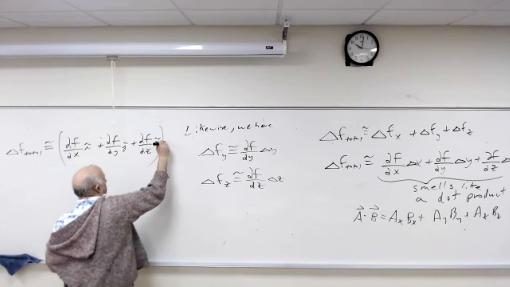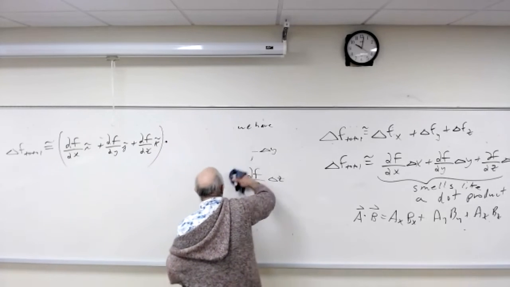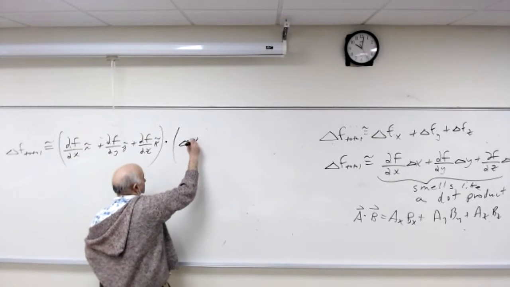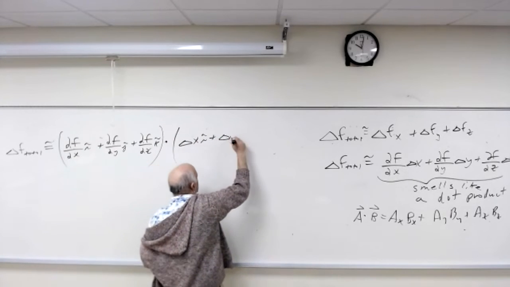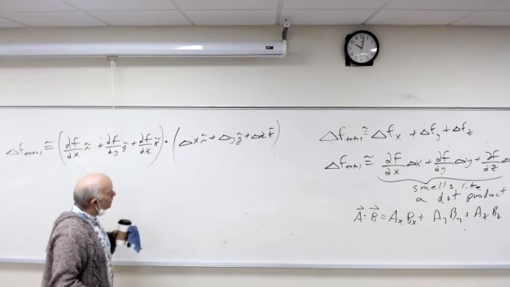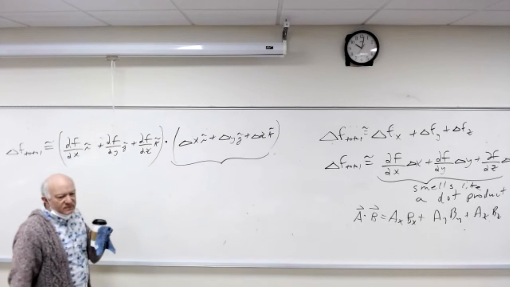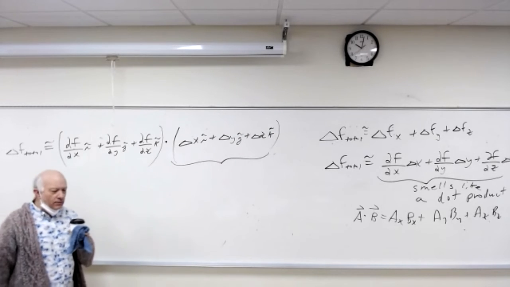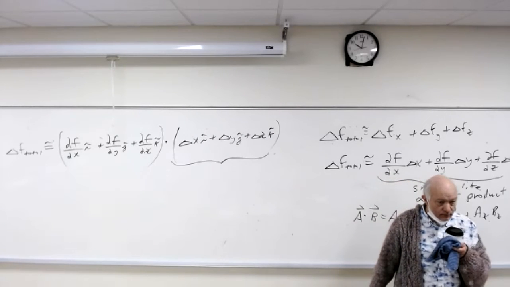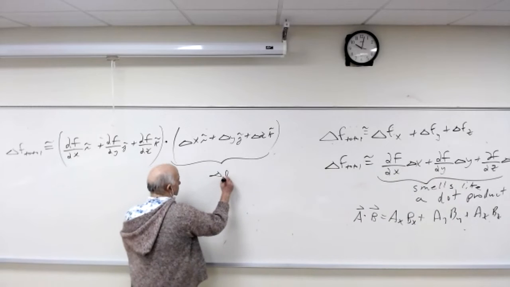All this dotted into delta x i hat plus delta y j hat plus delta z k hat. Now, what would this be? A small change in x plus a small change in y plus a small change in z. This is what we call the delta L vector.